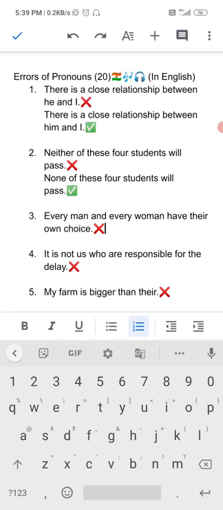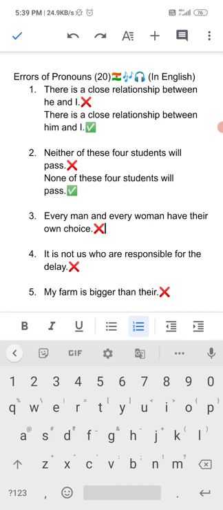So the rule says, when you are using a conjunction in your sentence and before and after the conjunction there are 2 singular nouns preceded by each or every, the whole setting of the words is thought to be singular. So every man and every woman, this setting of words is thought to be singular here. So we have to use here has. The first error is this.